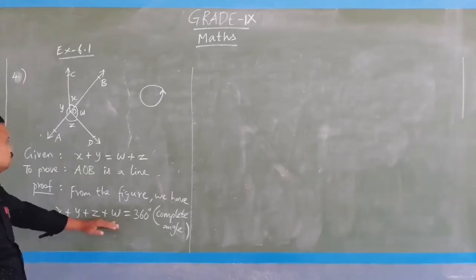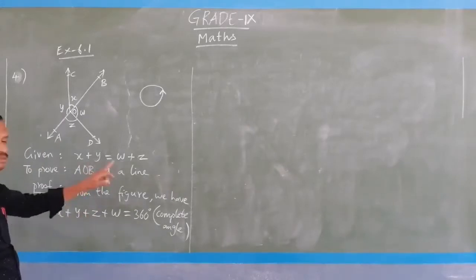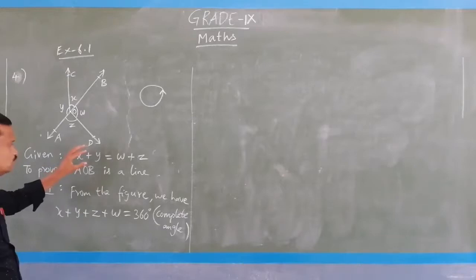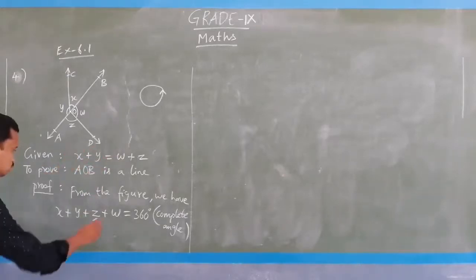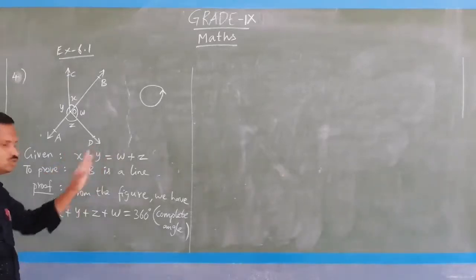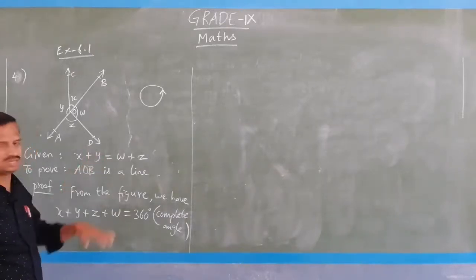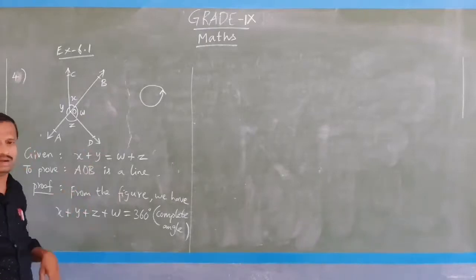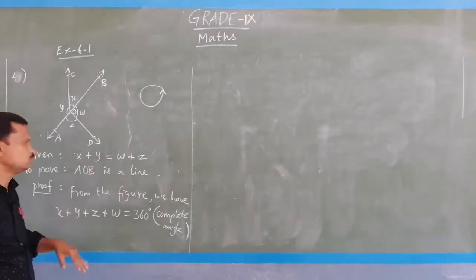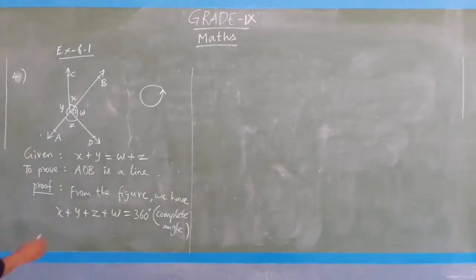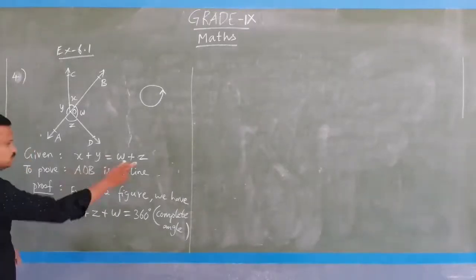You see, the sum of x plus y is equal to the sum of w plus z. So, either of these we can substitute. Either we can substitute x plus y for w plus z, or on the other hand we can substitute x plus y for w plus z.